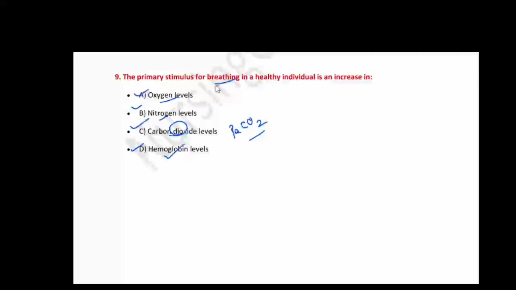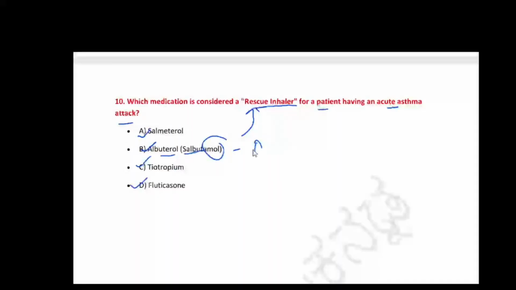See, salbutamol or albuterol is the rescue inhaler drug for asthma patients because it is a SABA drug. What is SABA? SABA stands for short acting beta agonist.